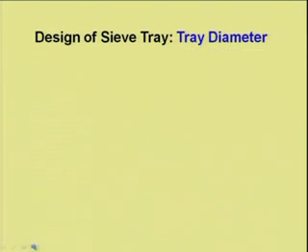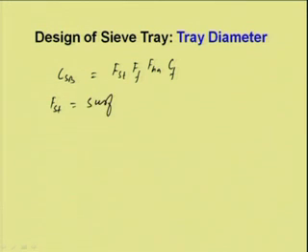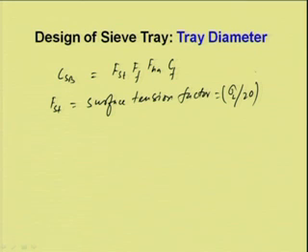So, this C_SB, the empirical constant, we can calculate as C_SB is equal to F_ST, F_F, F_HA and C_F, where F_ST is the surface tension factor, which is equal to (sigma_L divided by 20) to the power 0.2.